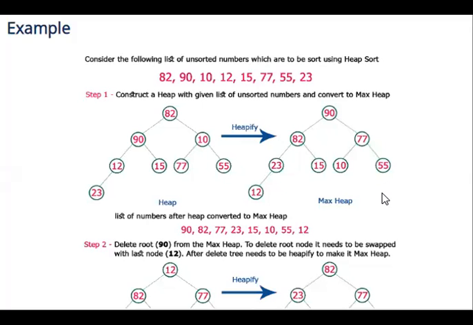For example, we can consider a list of unordered, unsorted numbers to be sorted using heap sort. Now we consider sorting these elements by converting into a maximum heap.